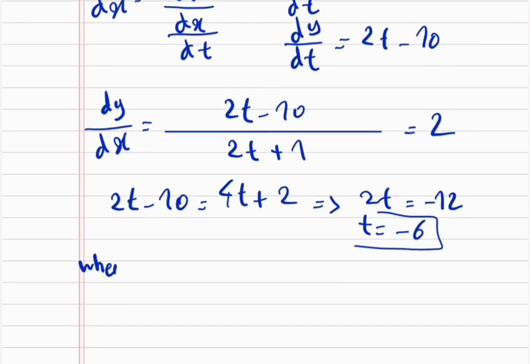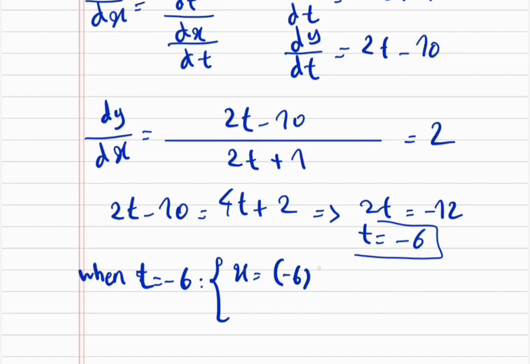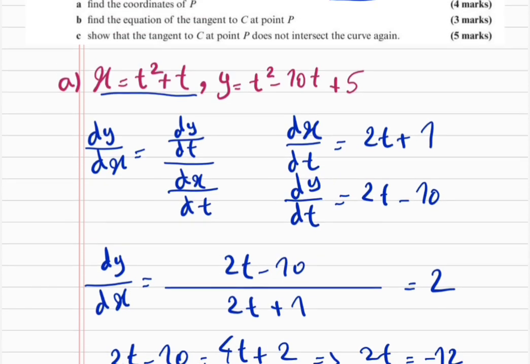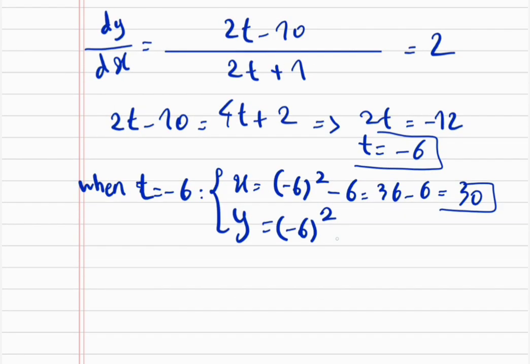So when t is equal to minus 6, first x is equal to, x is t squared plus t. So that means minus 6 squared plus minus 6, or just minus 6, which is 36 minus 6, and that's 30. So that's the x coordinate. The y coordinate is equal to t squared minus 10t plus 5.